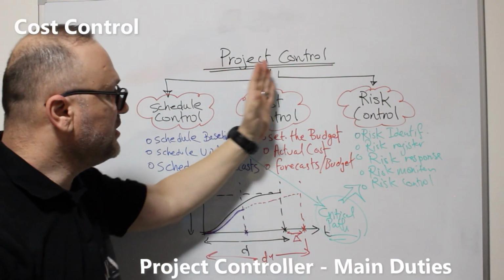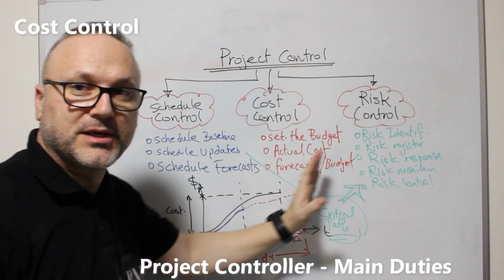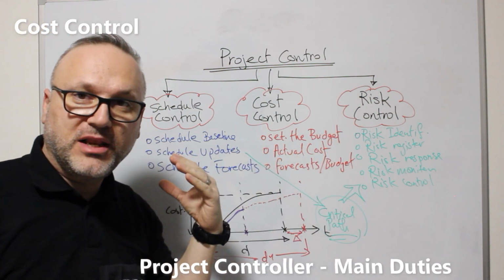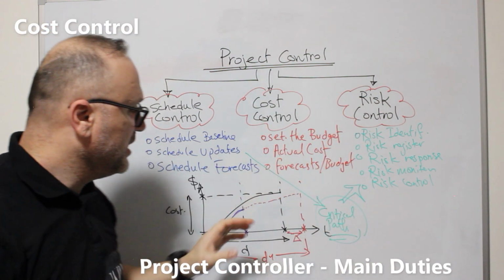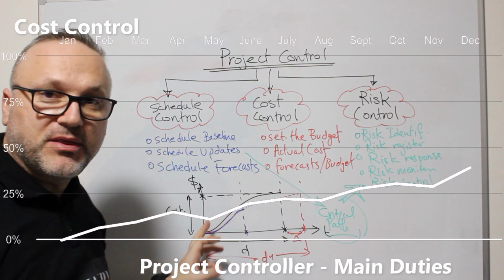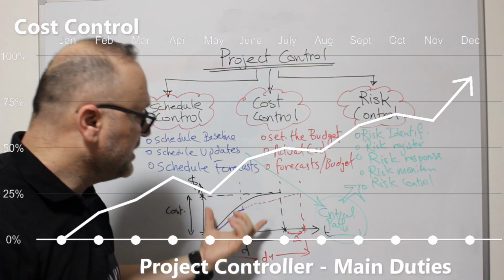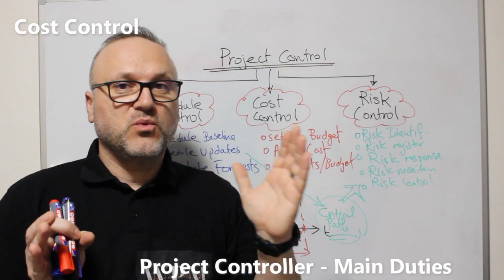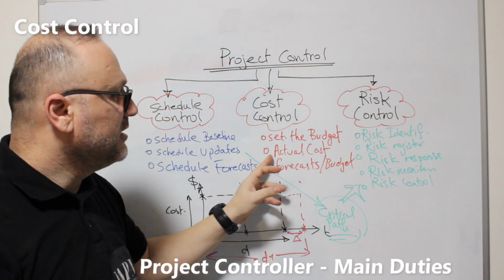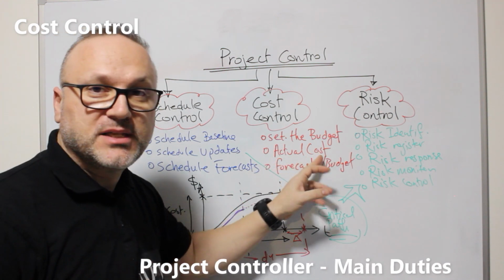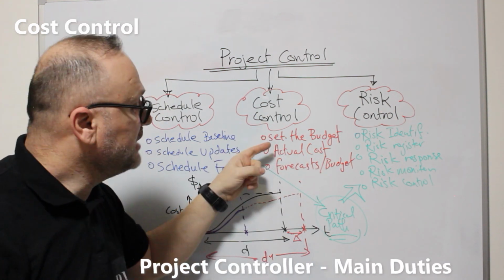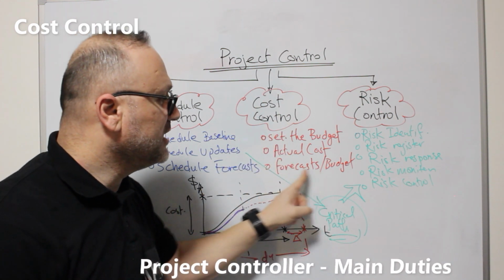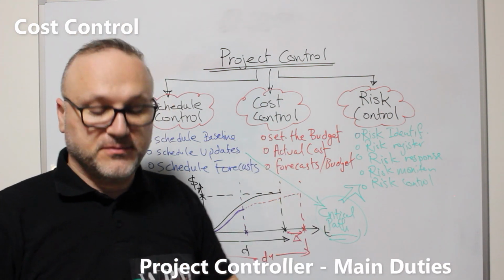Now let's go through the cost control. The cost controller always compares the planned value with the actual value. Whether he is using the earned value methodology or another methodology, he always needs to compare the planned value with the actual value. Then once the actual value is set, need to perform the analysis of the parameters to get the forecast of the budget.